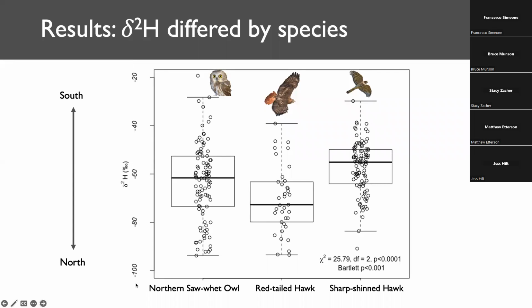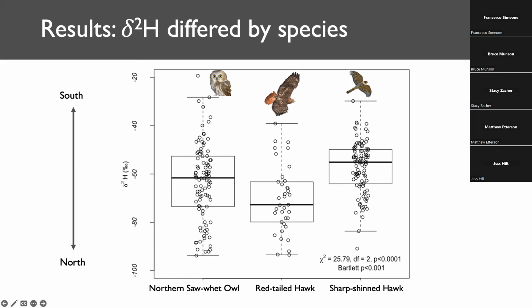And isotope ratios are just not the most intuitive numbers to look at. So what you need to know is that a more negative number corresponds to a more northern location, and a less negative number corresponds to a more southern location.